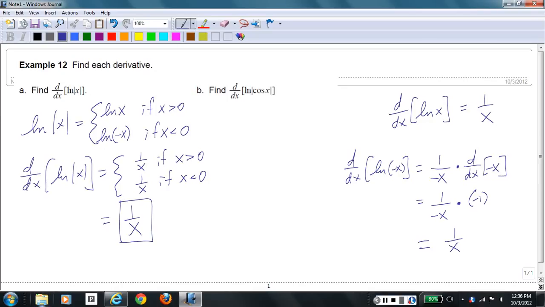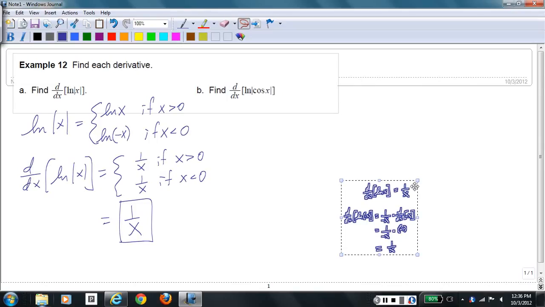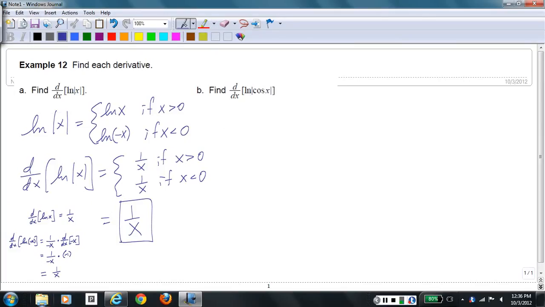Okay, so how much can I shrink that down? Put that over there for reference. d/dx then of the natural log of the absolute value of cosine x, we could do using the chain rule.